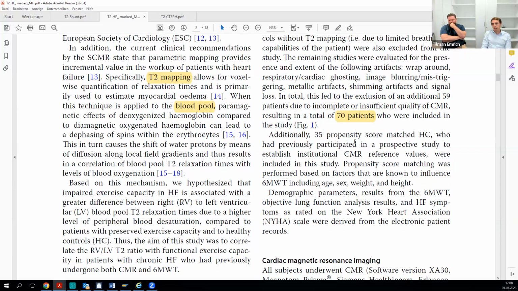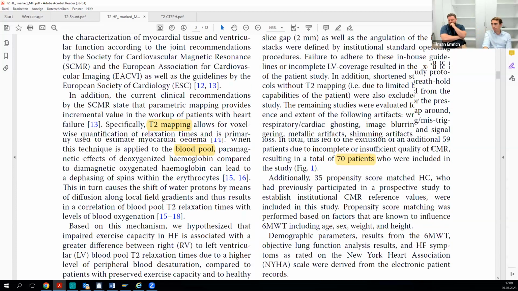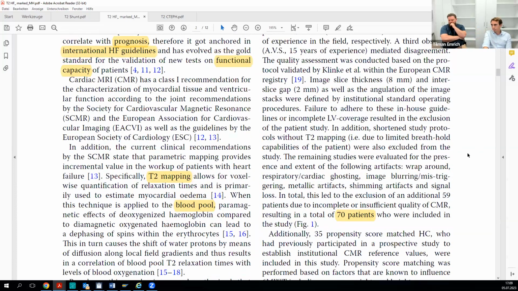And that would be due to the hypothesis that the peripheral blood desaturation is higher in these patients because they need more oxygen from the blood. So the blood that comes back to the right ventricle obviously then has a lower oxygen saturation.